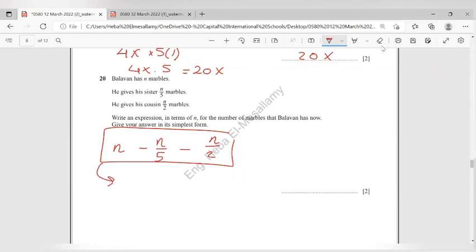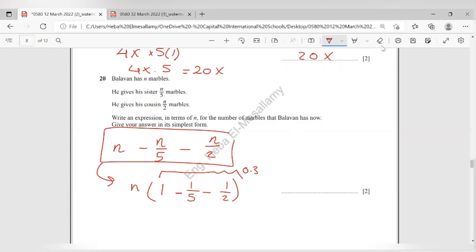I want to simplify what I wrote here. I'll take n as a common factor out of these 3 terms, as if I'm factorizing somehow. So here, I'll divide all of these terms by n. I'll get 1 minus 1 over 5 minus 1 over 2. Drop this on the calculator, you will get 0.3 or 3 over 10.